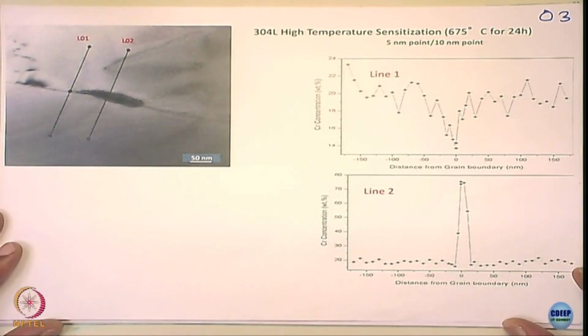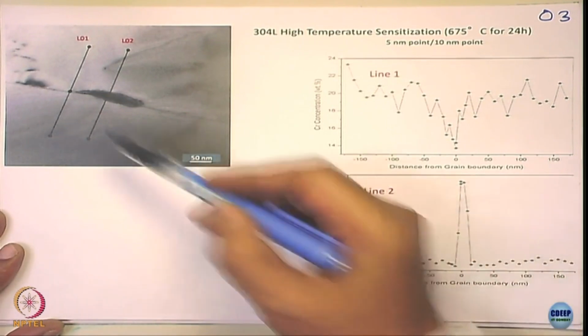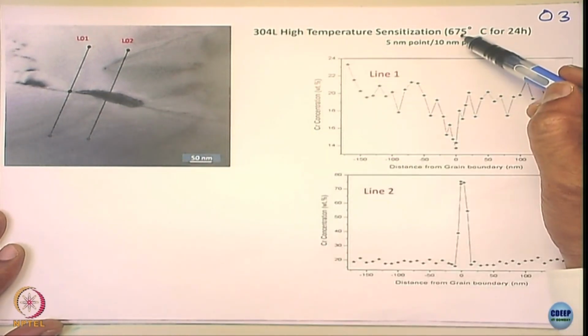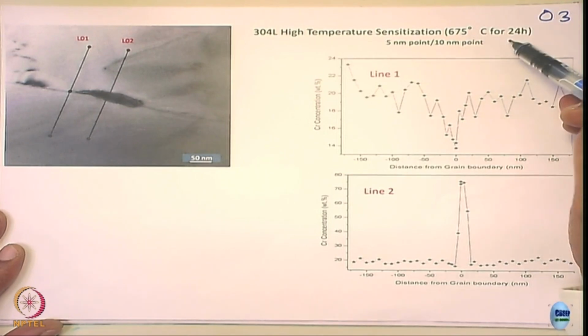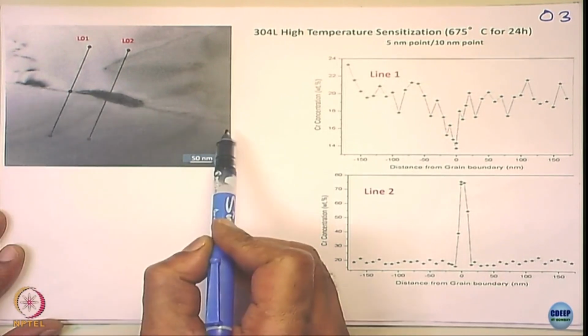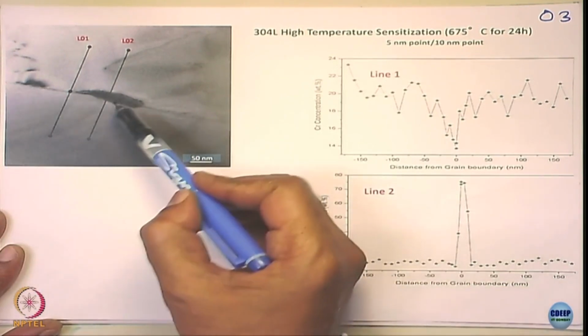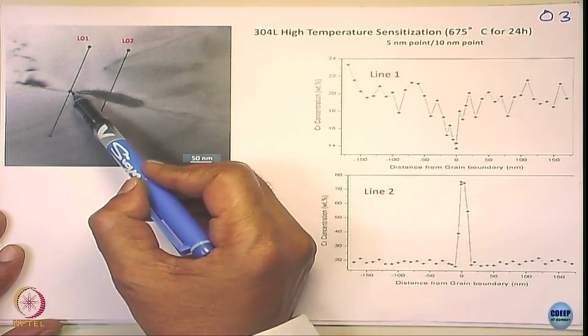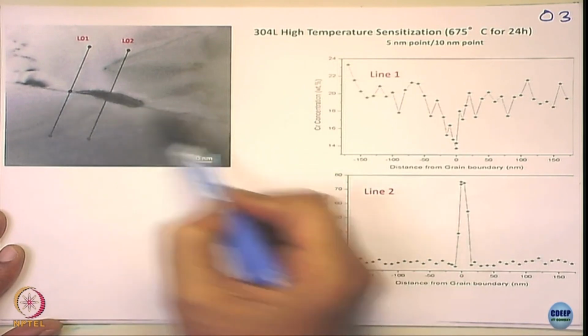But look at this, even when the carbon content is very low and you heat it in the range of 675 degrees Celsius for 24 hours, a long time, this is the transmission electron microscope image, and you see the chromium carbide formation in the grain boundary area. This is the grain boundary area. I hope you are seeing this.